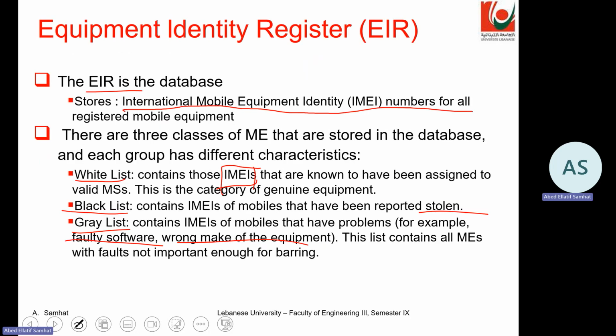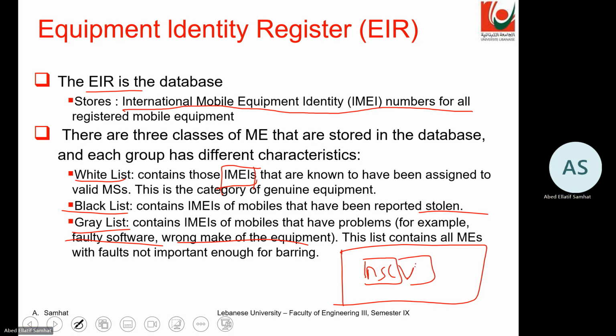So this gives all the parts of the network subsystem: the mobile switch center, the VLR of this mobile switch center, and we have the HLR, the authentication center, and the equipment identity register.